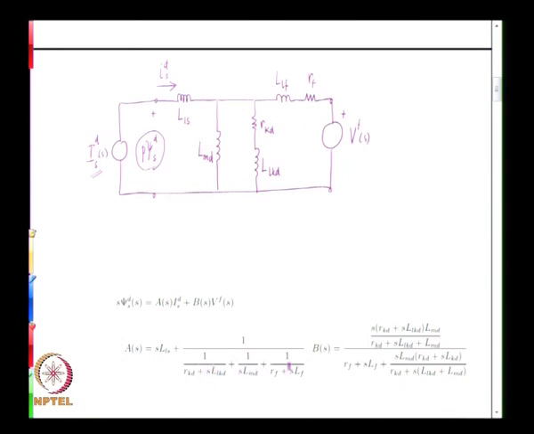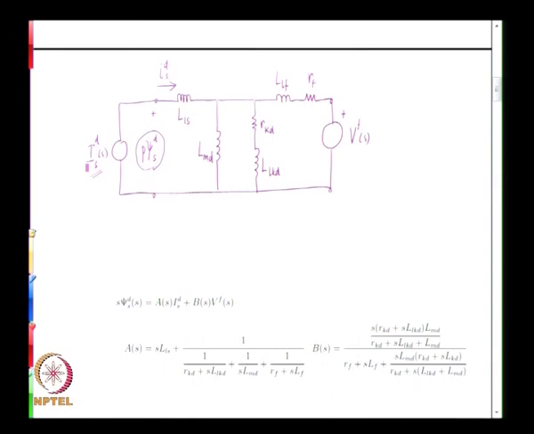So add all the 3 admittances and then take the reciprocal, again you get the impedance. This impedance plus this impedance is the total impedance here, multiplied by ID is the voltage available due to this source alone.